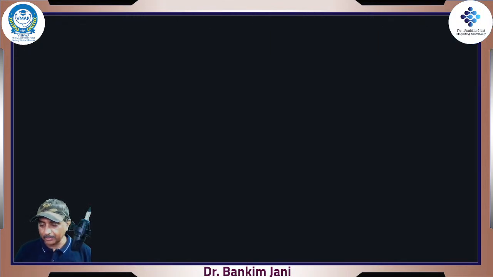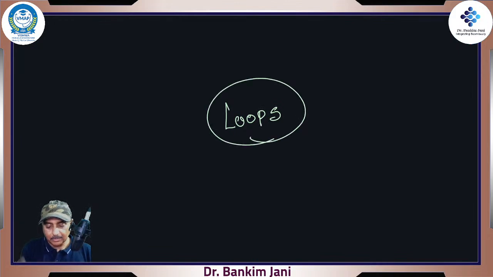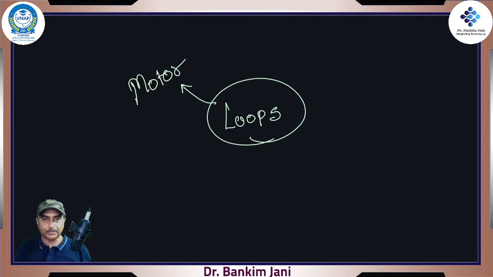But then we'll be going for various loops, right? They are called the loops. It means whatever we learned till this point of time, when we implement it, right? So in basal ganglia, one loop is called the motor loop. Today we'll be understanding the difference between all of them.